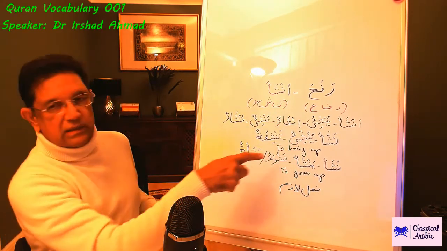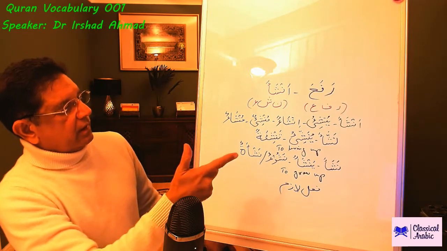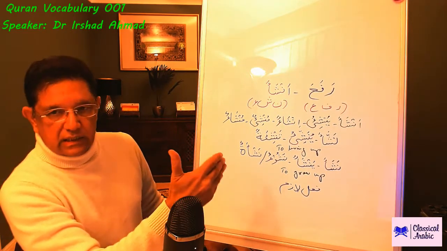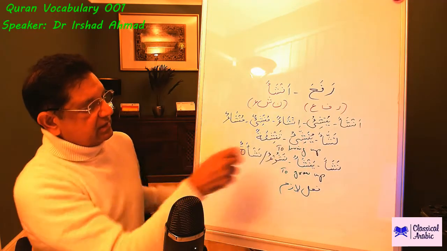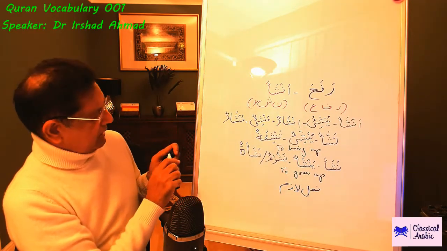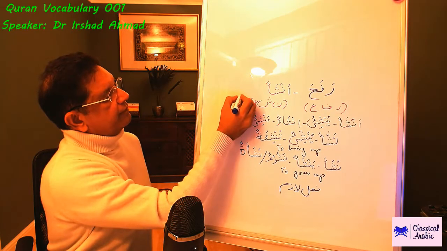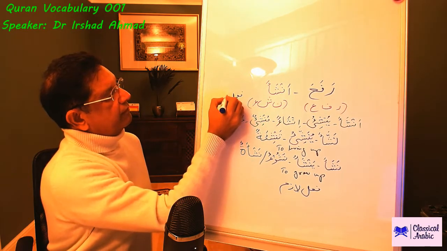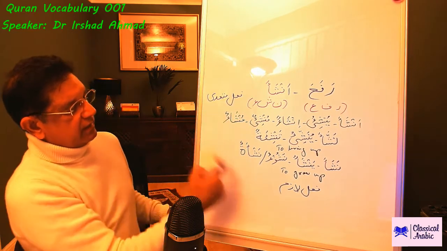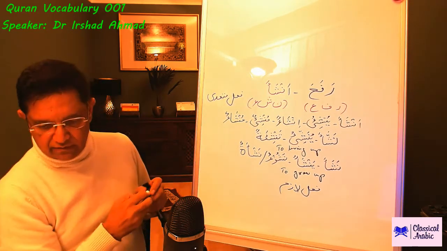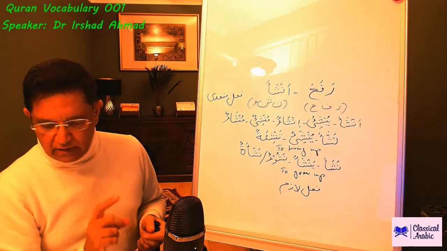The action of bringing up or raising is taking place on another entity. So these are transitive, which in Arabic is called fail muta'addi. Transitive verb. Fail lazim, intransitive verb. So that's the difference between these two.